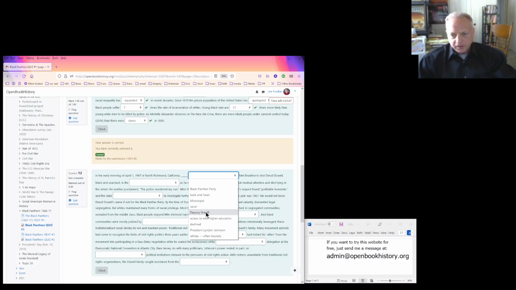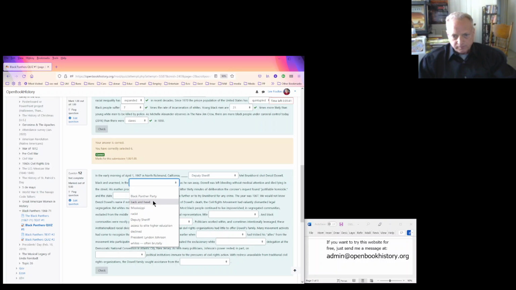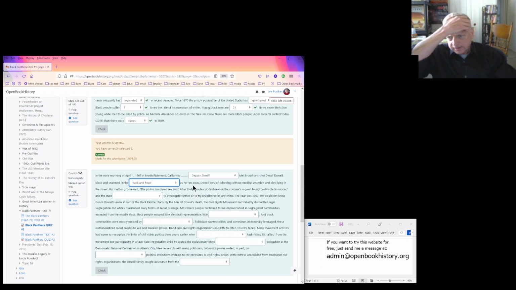And we'll put Deputy Sheriff Mel Brunkhorst, unarmed, in the back and head as he ran away. Dowell was left bleeding without medical attention and died lying in the street. His mother proclaimed, "The police murdered my son."